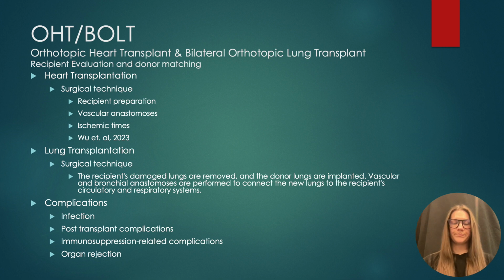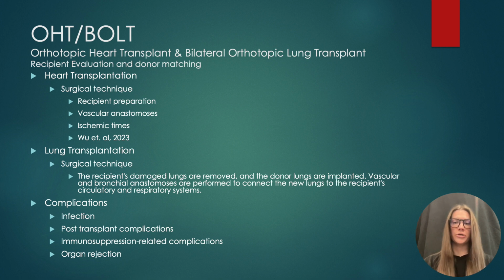So for the heart transplantation surgical technique, the recipient preparation is that the recipient's heart is removed while leaving the atria intact, and the donor heart is prepared for transplantation. So they clamp, they put them on bypass just to keep everything else flowing, and then they'll remove the heart. They will do vascular anastomoses.